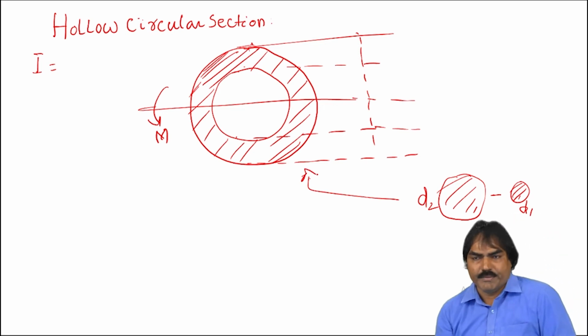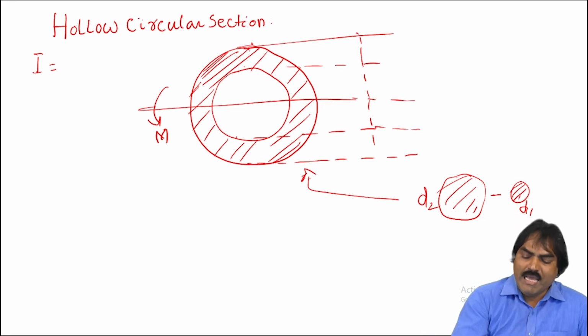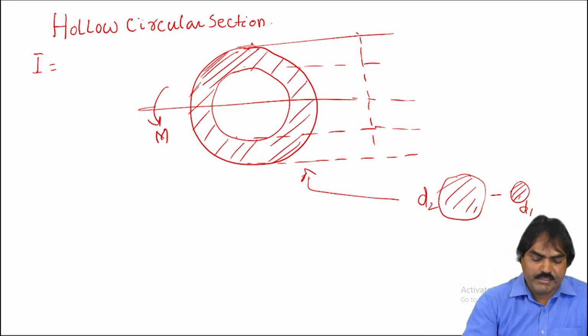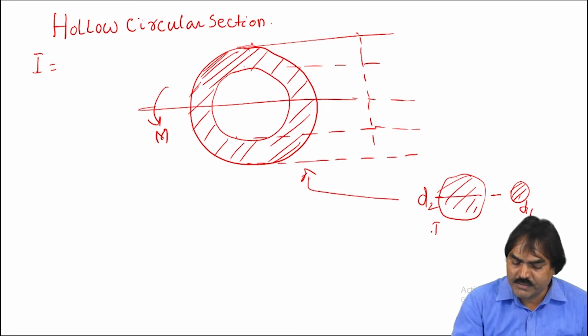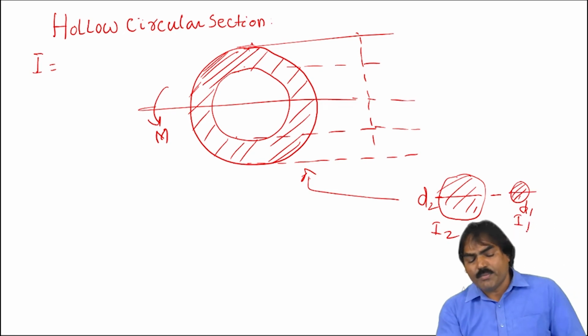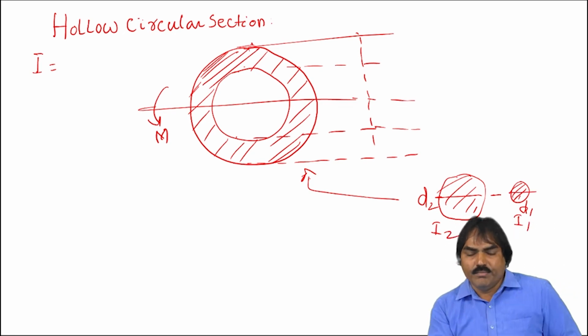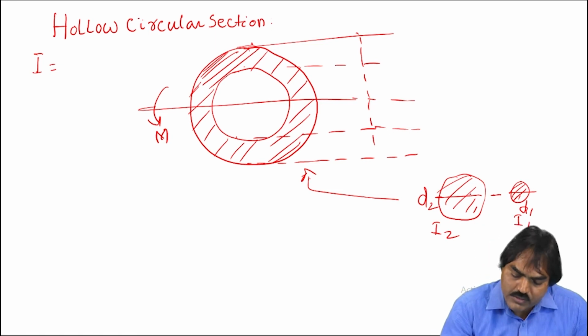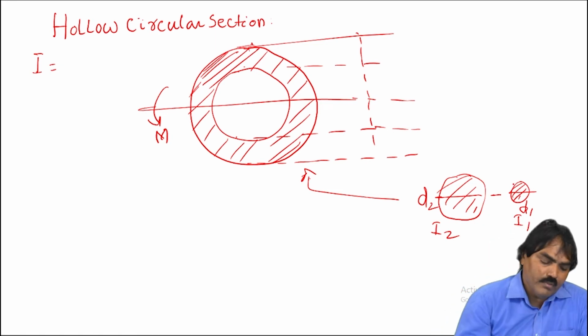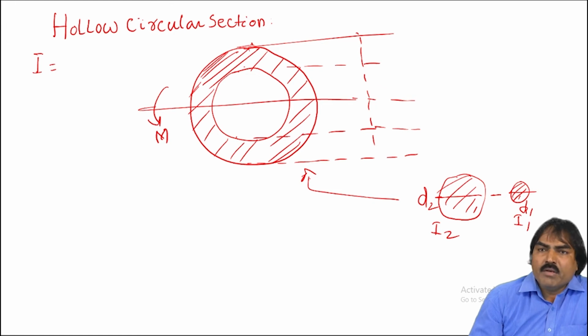So if the diameter of the smaller one is D1, bigger one is D2, then the moment of inertia of the bigger one is I2. The moment of inertia of the smaller one is I1. Subtract the smaller from the bigger because both the sections have the common axis. If the axis is common, we can subtract or add the moment of inertia.